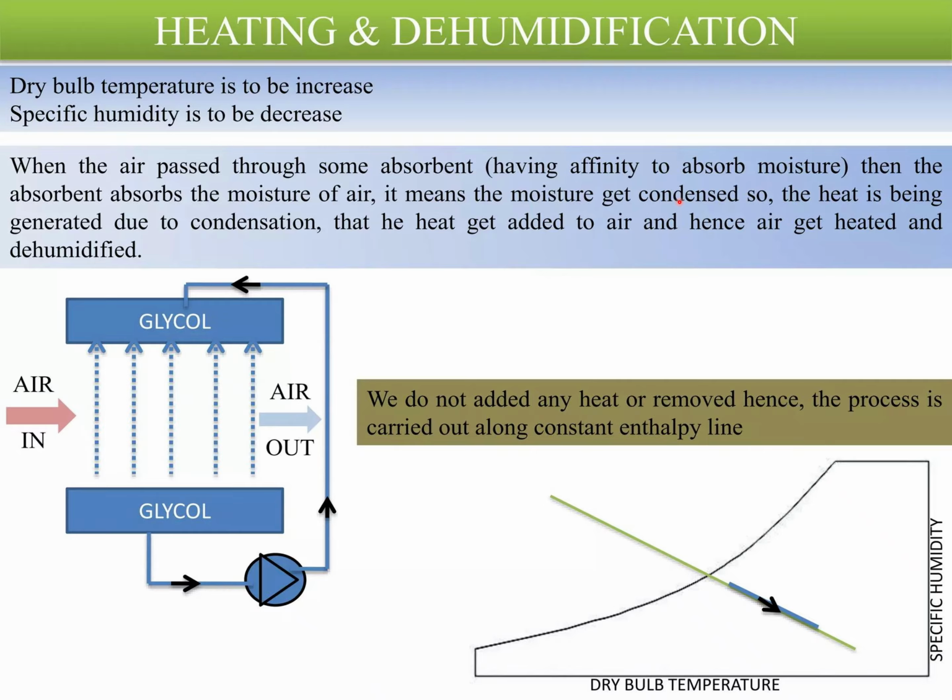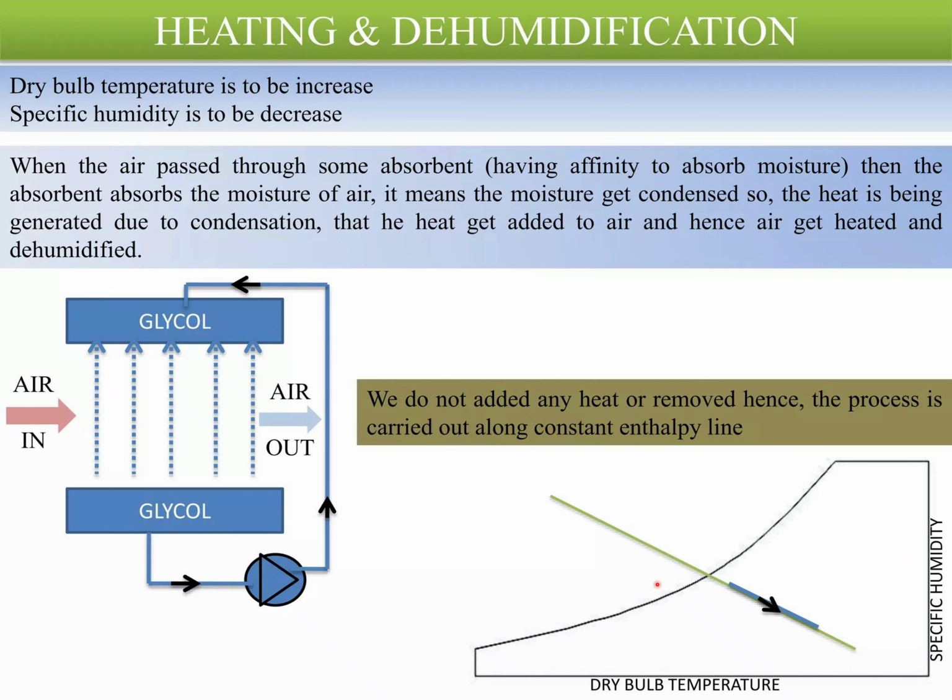It means moisture gets condensed, because moisture condenses into water and comes into the adsorbent. So the heat is being generated due to condensation and the heat gets added to the air, hence the air gets heated and dehumidified. So this is an actual process.